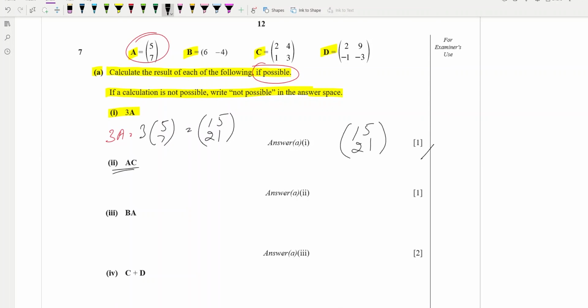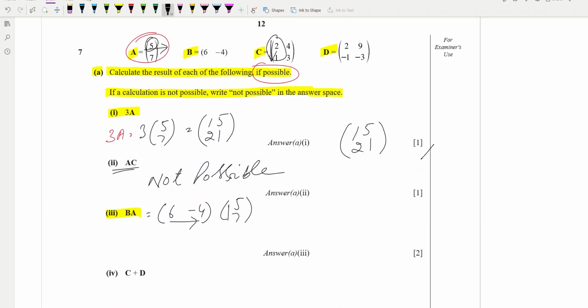AC, if we multiply A's first row and first column: the first row has one term and the first column has two terms, so it is not possible. So we will write here not possible. Then BA is required. For BA, B is 6 and minus 4, and A is 5 and 7.